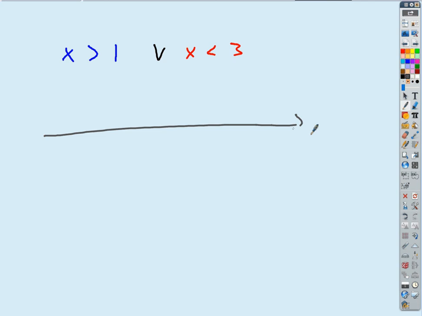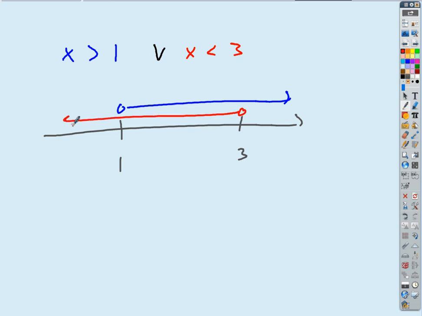How about this one? What if I do x is greater than 1 or x is less than 3? So it's that, right? And x is less than 3. Look at that. What's the solution? What values of x are greater than 1 or less than 3?